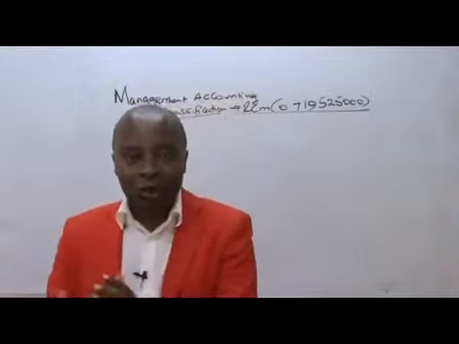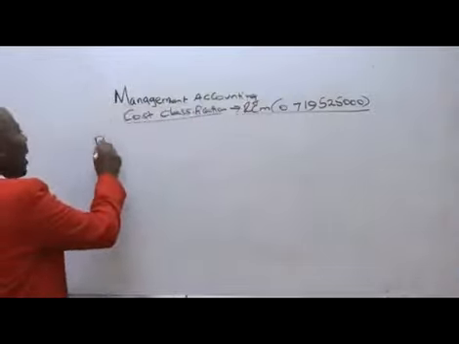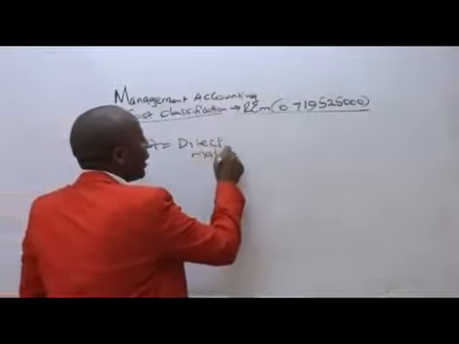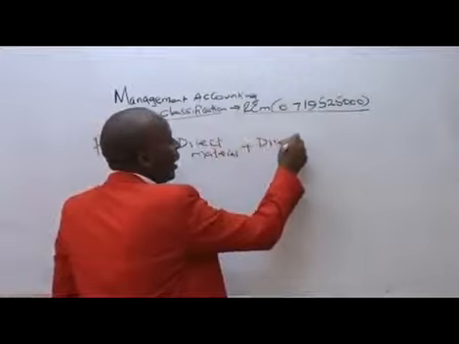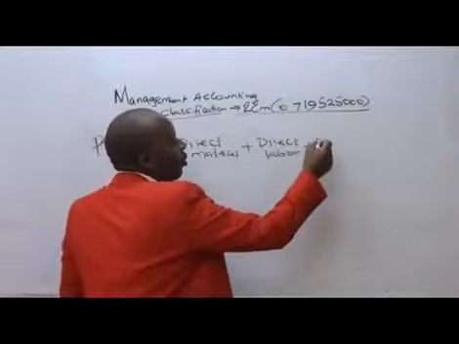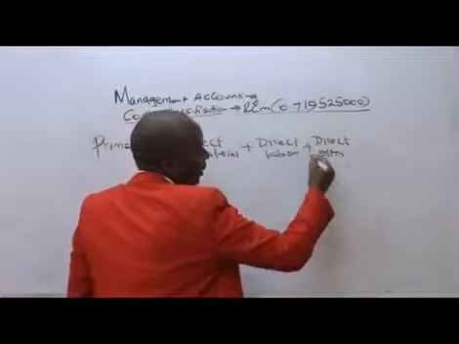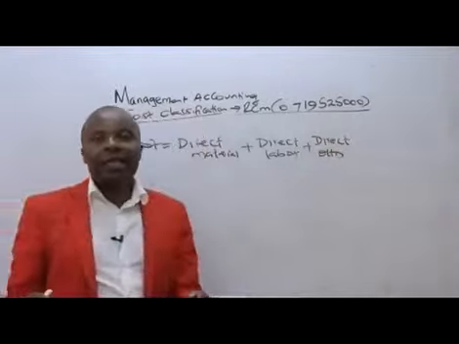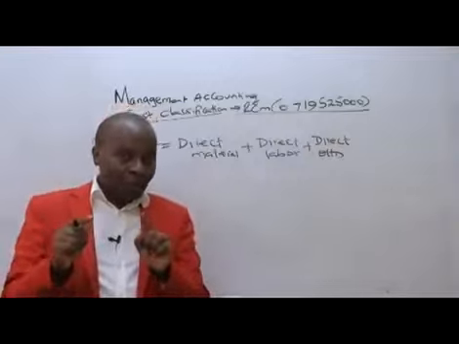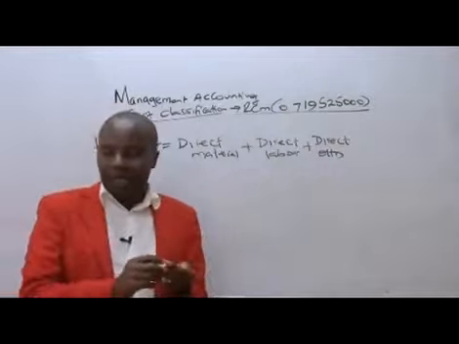So under prime cost, what do we have? We have direct materials plus direct labor, and if there is any expenditure that happens to be an overhead that is directly attributable, direct overhead. Perhaps you hired a production room directly attributable to a particular production process, that will fall under what we call direct overhead.